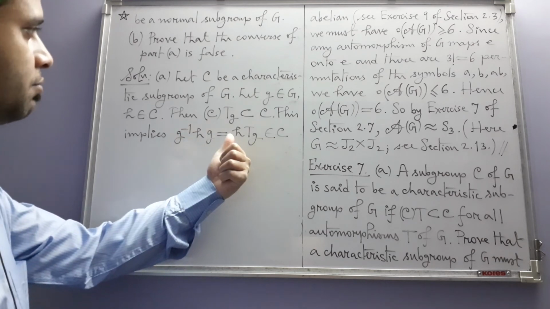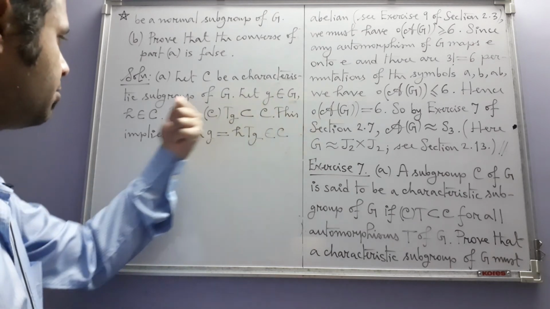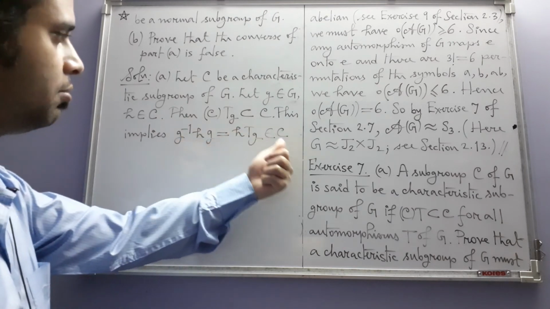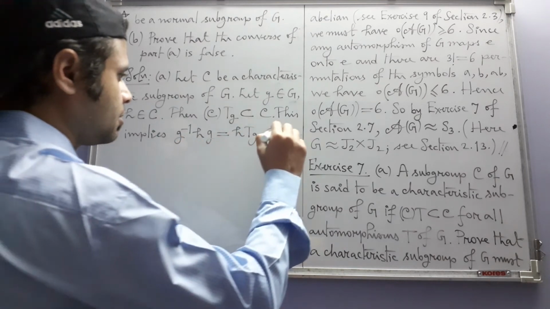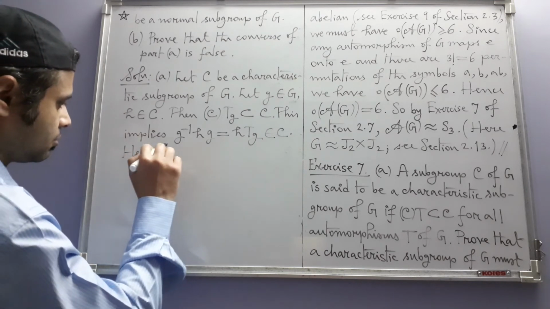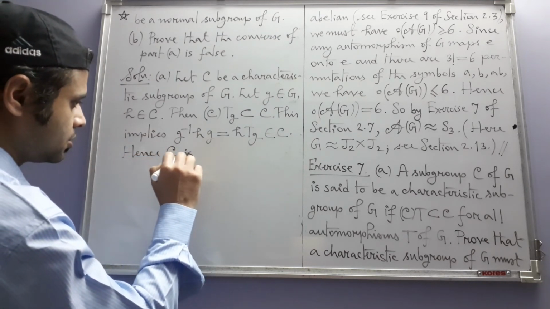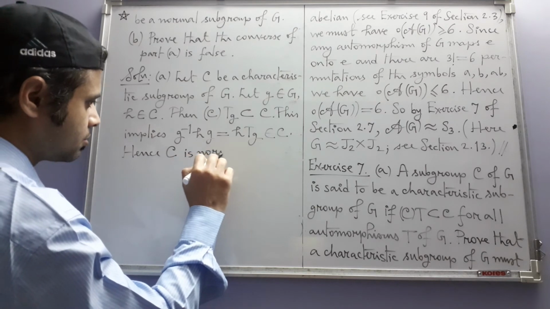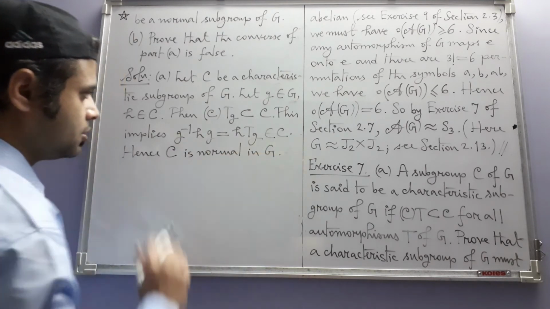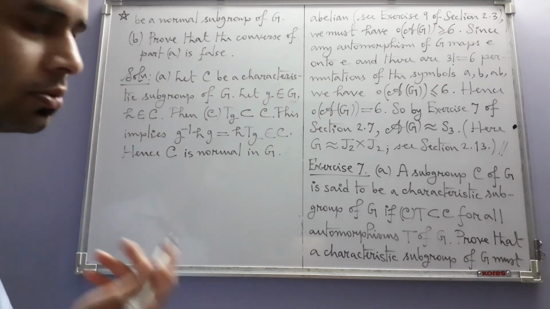So see what we have proved. G is any group element and H is any element in C. So G inverse HG belongs to C. Hence, C is normal in G. So every characteristic subgroup is normal.